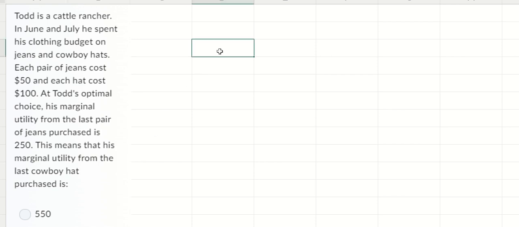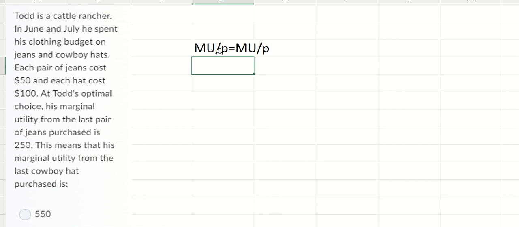Now, again, we're going to go back to our MU over P equals MU over P, right? So the marginal utility of jeans divided by the price of jeans has to equal the marginal utility of cowboy hat divided by the price of cowboy hat. So we have 3 numbers here and 1 missing variable. Just plug in numbers and then solve for the missing variable, right?